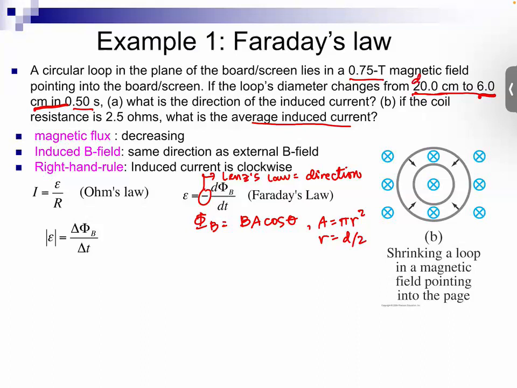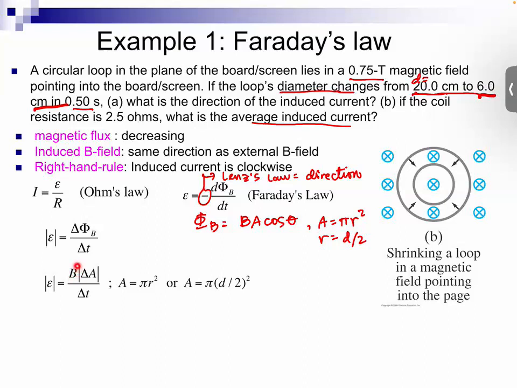The diameter is what's given. So a voltage is generated because the change in flux is created by the change in area due to the change in the radius of the ring. So it's the change in area that's important.